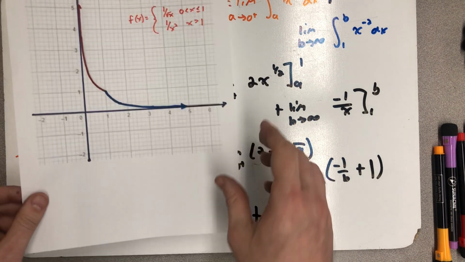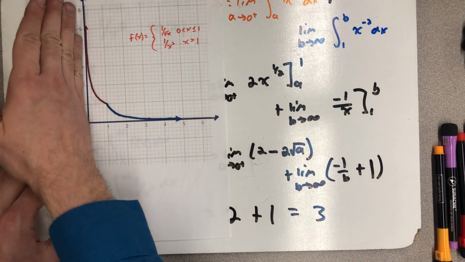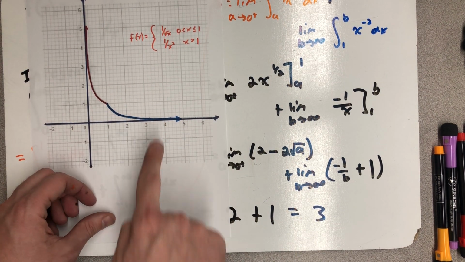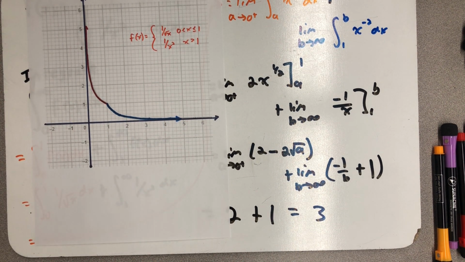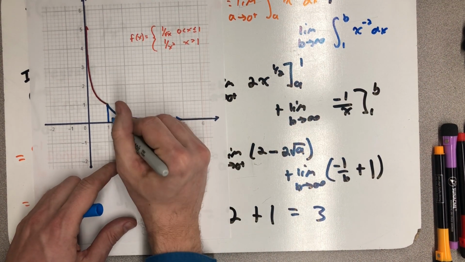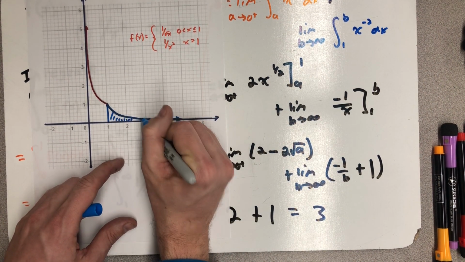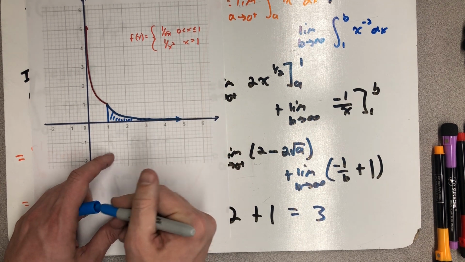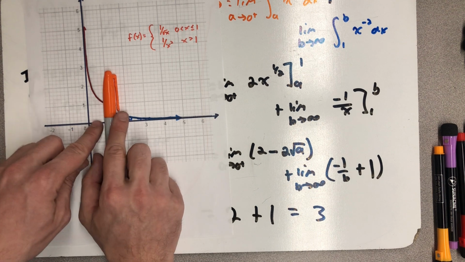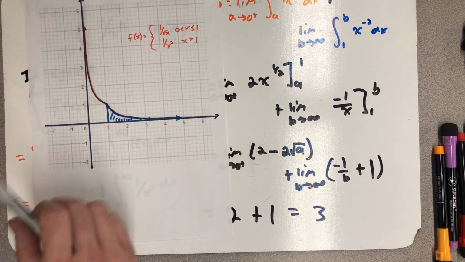To me, what's really cool about that, if I shade all of the area to the right of the y-axis, everything under this curve, I get exactly 3, or I get an area that converges to 3, a little better said. Here in blue, we're really talking about what this area converges to. And in orange, we're getting what all of this area converges to.